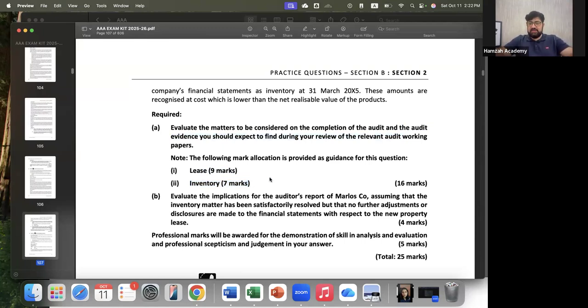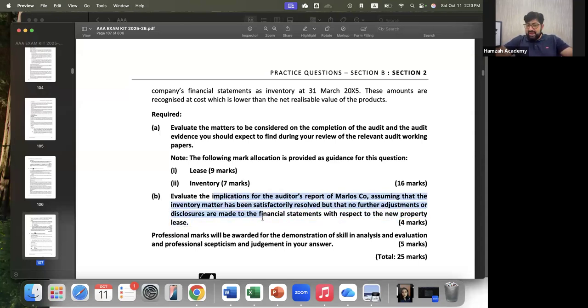The next is to evaluate the implications for the auditor's report of Marlos company, assuming that the inventory matter has been satisfactorily resolved, but that no further adjustment and disclosures are made to the financial statements with respect to the new property lease, for 4 marks.